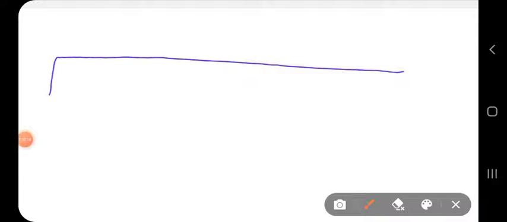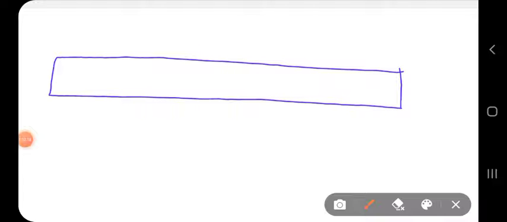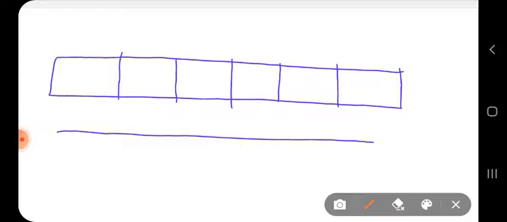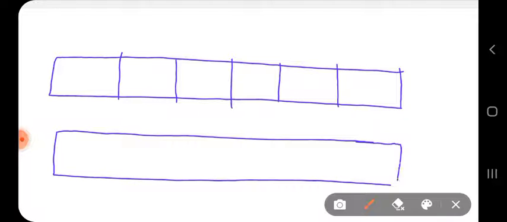So here I will draw a diagram. Okay, we have to mention the gene also here.